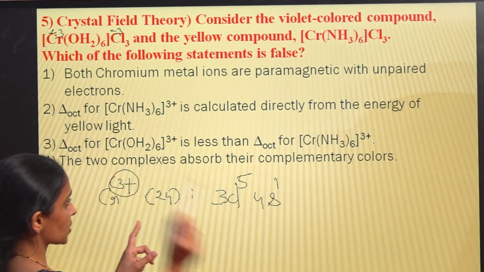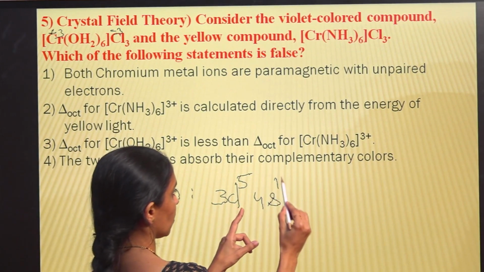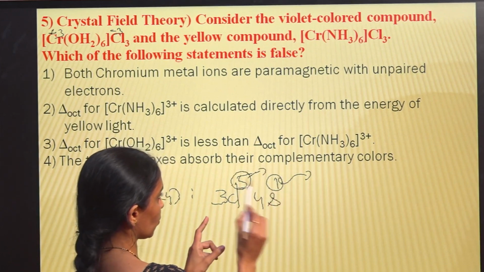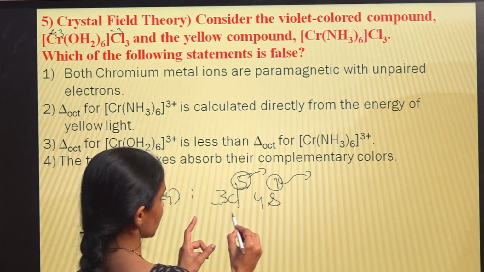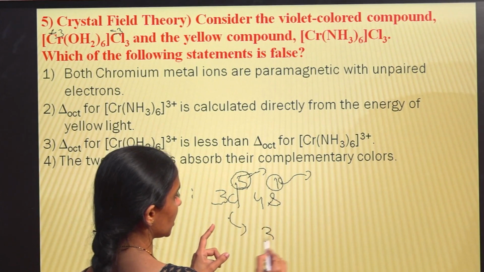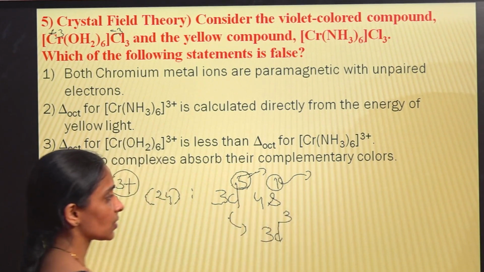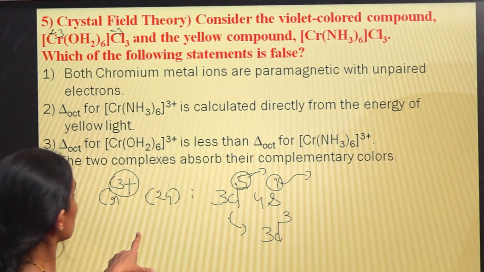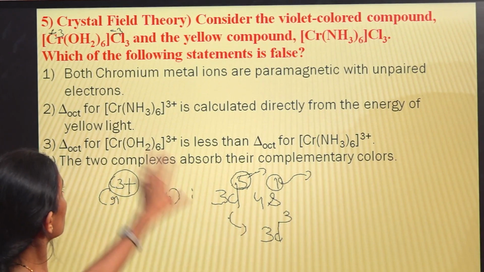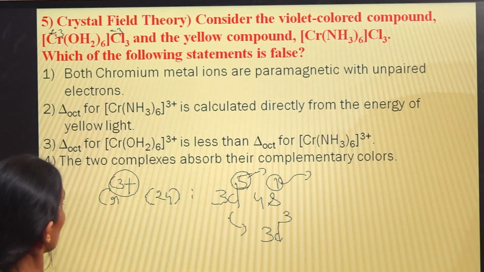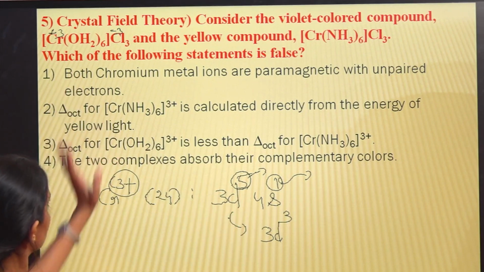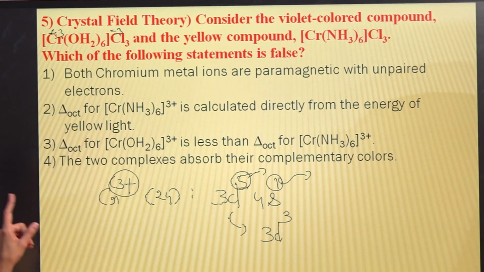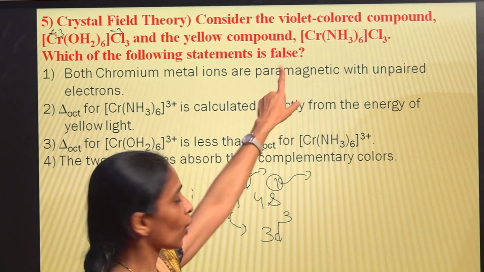In the 3+ state, 1 electron from here and 2 from here are removed and the configuration becomes 3d3. So with this configuration, let's try to understand the statements, and we have to pick the false statement.